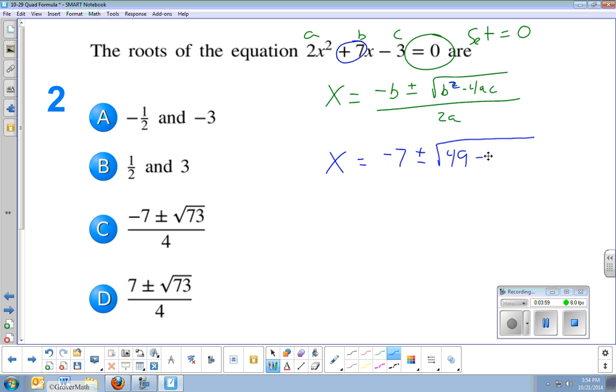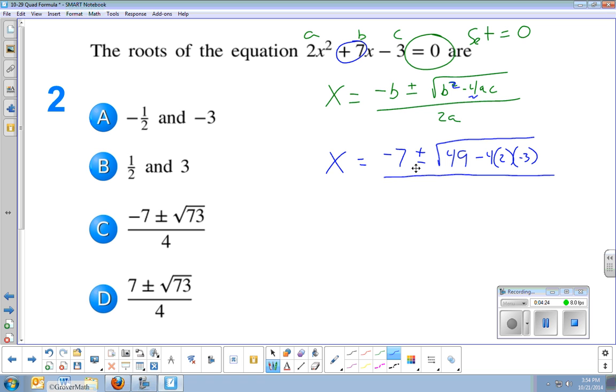And so then we have a negative 4 times a, which is 2, times c, which is negative 3. So opposite sign of the middle term, b, plus or minus, that number squared, and then negative 4, that negative 4 is part of the formula. It has nothing to do with these numbers. That's always there. Times a times c, times first times last.